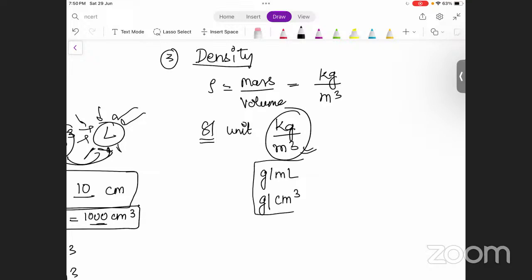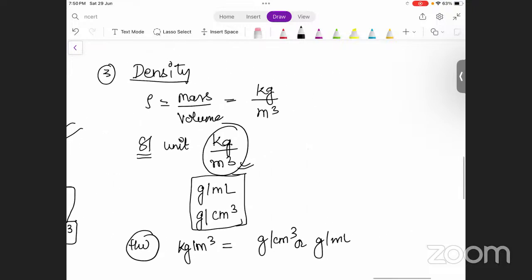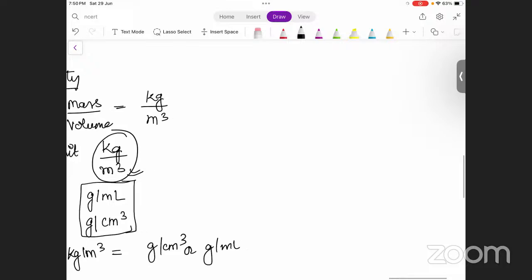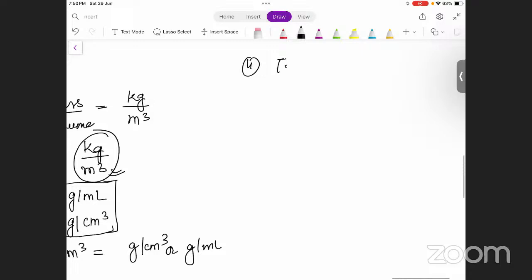So your homework is to convert kg per meter cube into gram per centimeter cube, or what we say gram per ml. I hope this is clear to you that whether I write centimeter cube or ml, both are the same thing. And the last thing that we have to learn about is temperature.